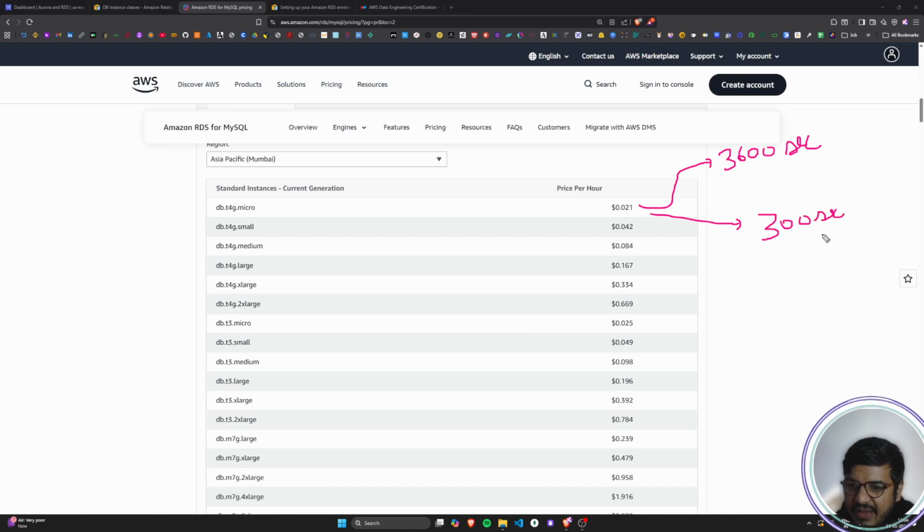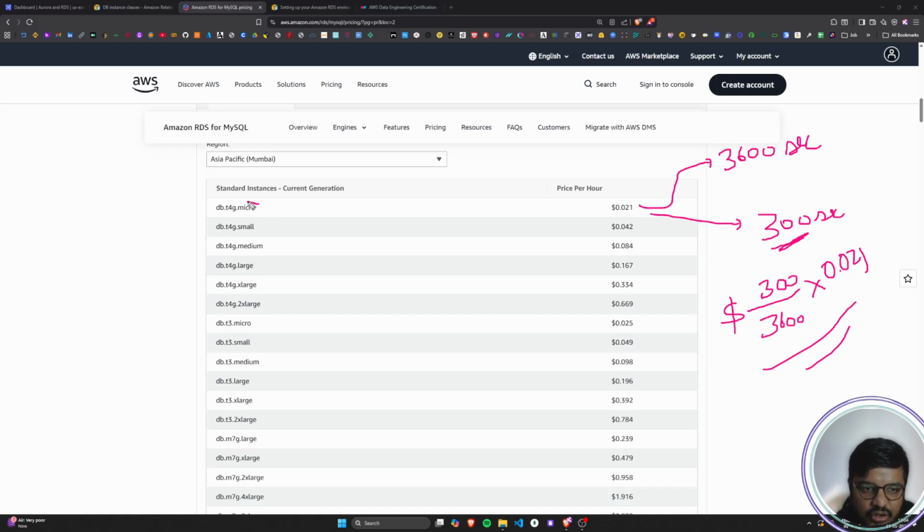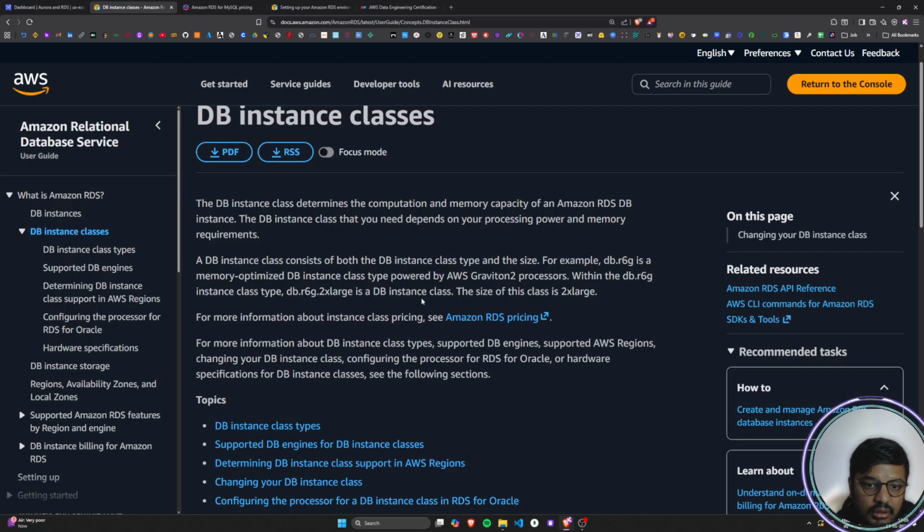So I will be charged 300 divided by 3600 of 0.021, and whatever dollar amount the outcome comes out to be, I will be charged that much for using an RDS instance of this size for 5 minutes. So this is how internally it will do the pricing calculation.